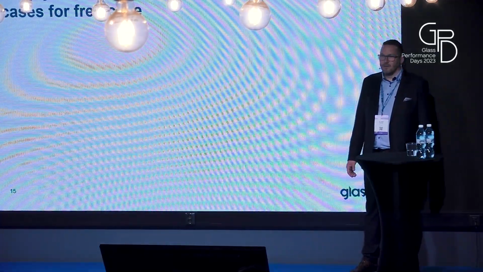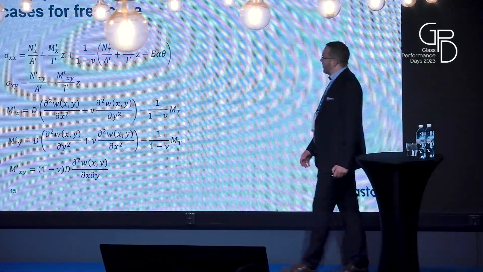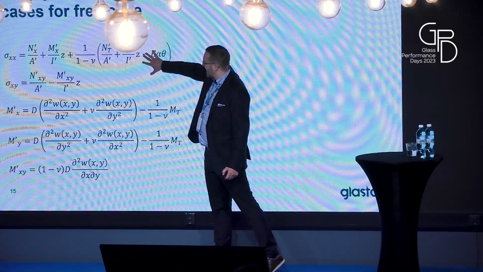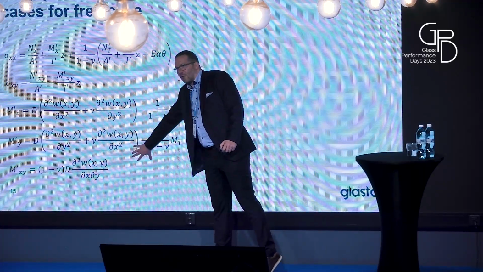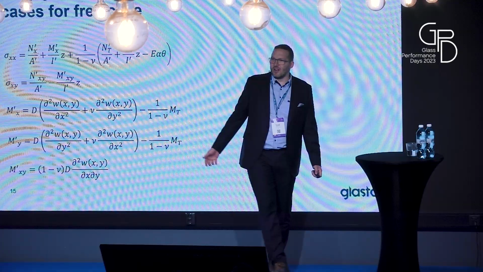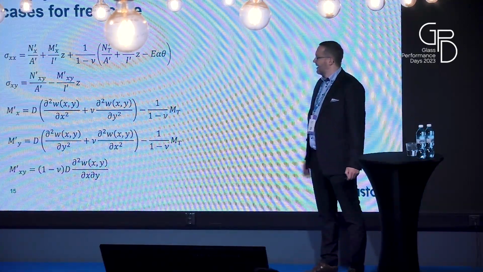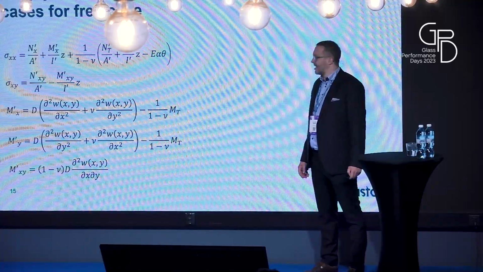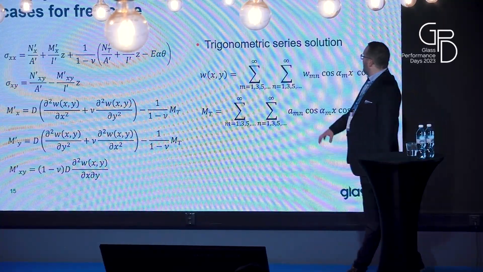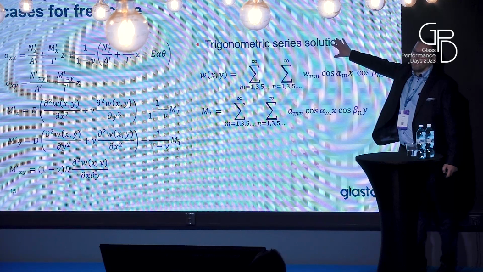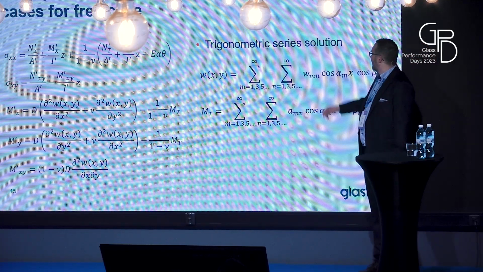So if we are looking at equations, the main equations are the same, but boundary conditions also come in, which give external moments or external forces. In this case, mainly just external moments at the edges. But the solution we had to solve with a trigonometric series solution.